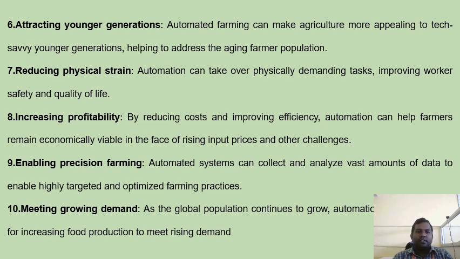Next are attracting younger generations, reducing physical strain, and increasing profitability. It also enables precision farming. We can store a lot of data, and from that data we can predict the yield and meet the growing demand, as advantages of the precision farming process.